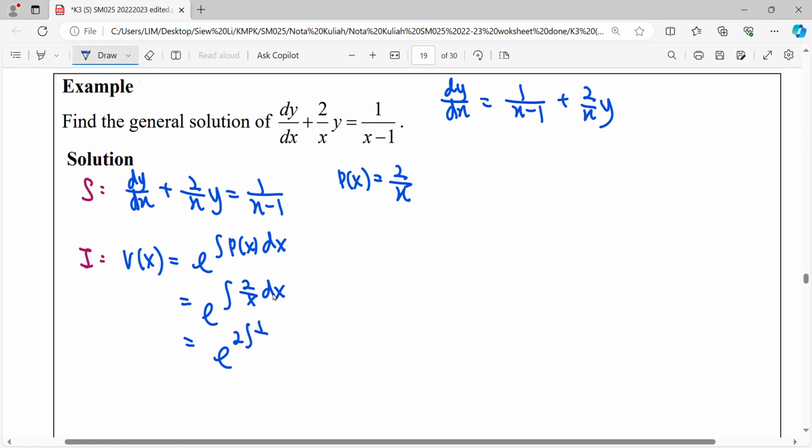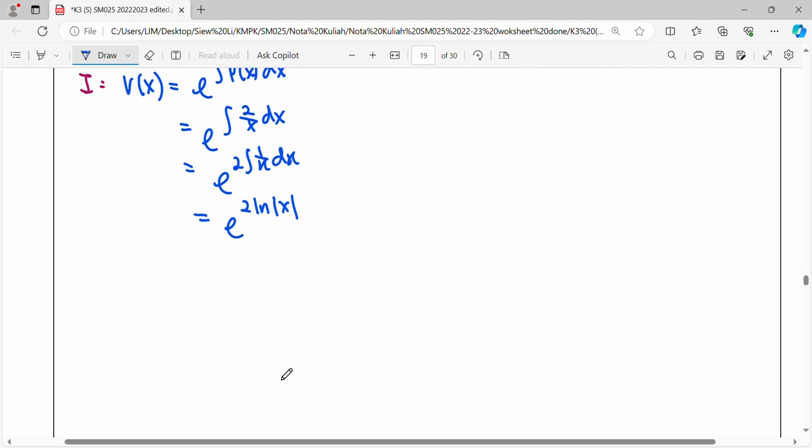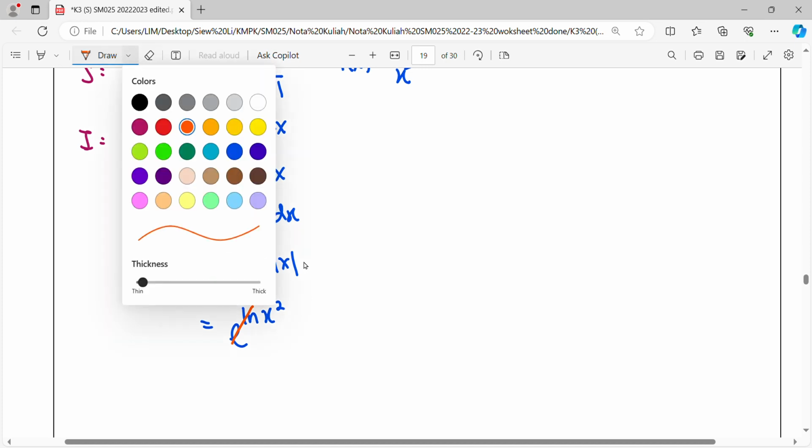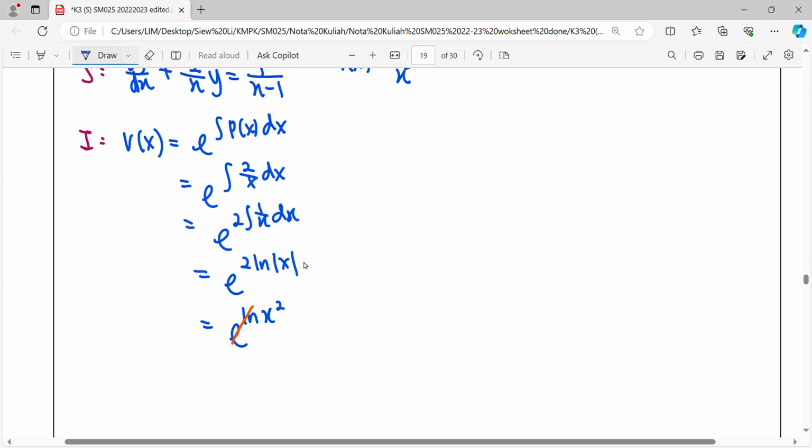We integrate 1 over x, which gives us ln x. Then as you can see, e to the power of ln can be simplified. Before we simplify, we use the properties of log. The 2 we have to move back as x to the power of 2. Then only the ln can be simplified. Therefore, the integrating factor here is x squared.